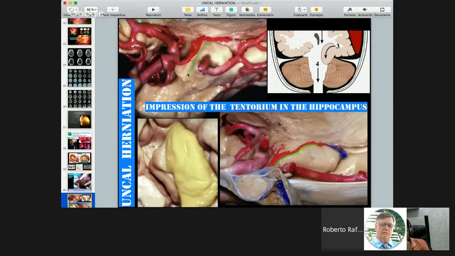Here you can see this in green. You can see the mark of the tentorium produced in the hippocampus. This is the area where the free edge of the tentorium contacts the hippocampus, and this is the mark I showed you before. This is the uncal herniation.